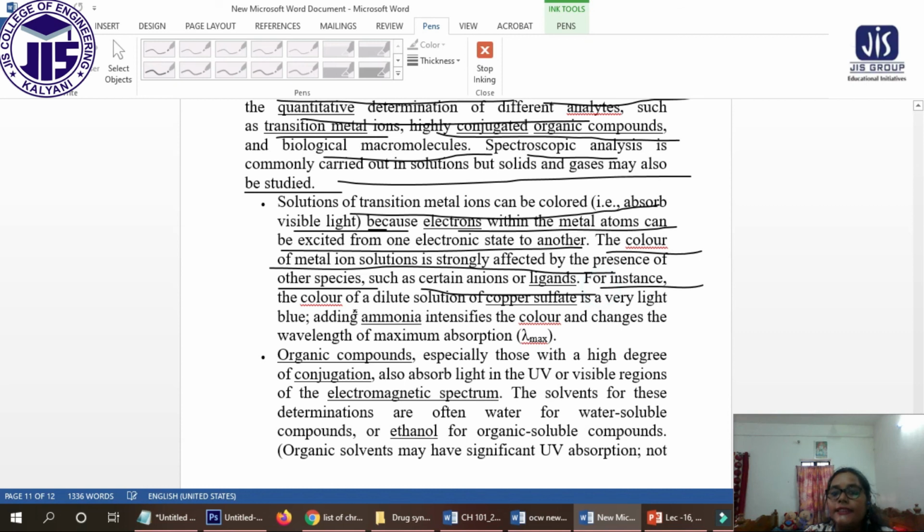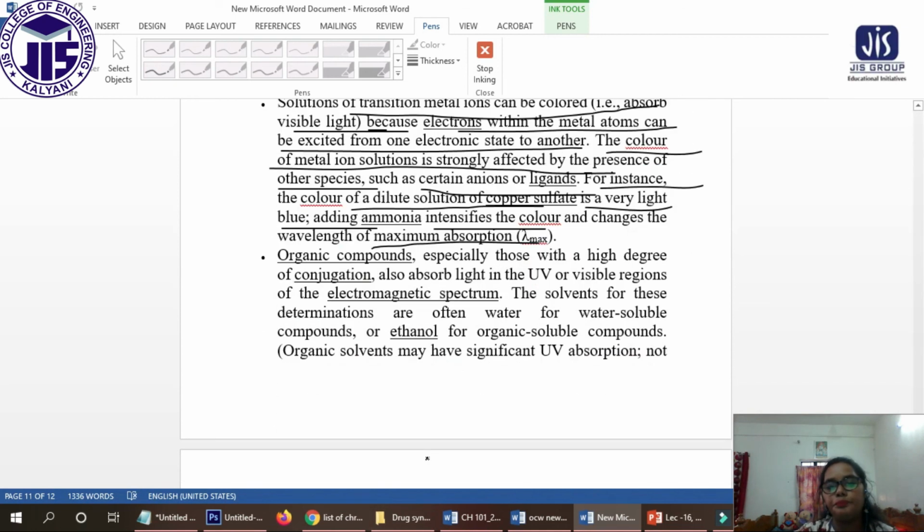For instance, the color of a dilute solution of copper sulfate is a very light blue. Adding ammonia intensifies the color and changes the wavelength of maximum absorption.